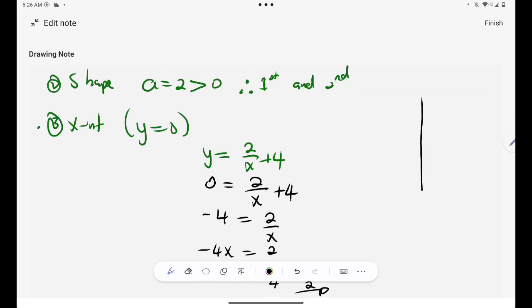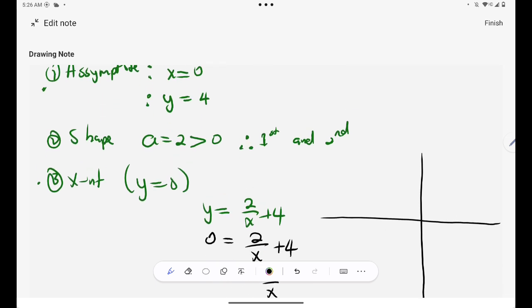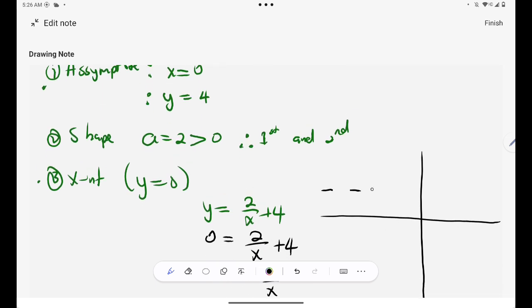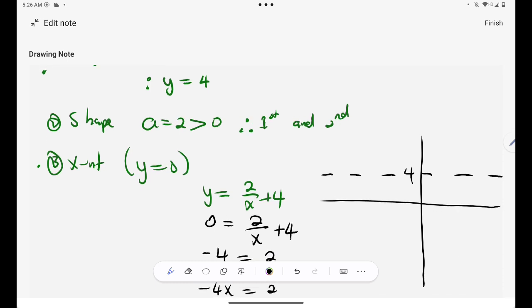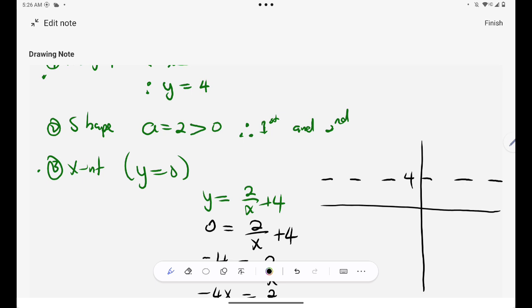So whenever I draw my graph, remember guys, I have my asymptote. Here it is, when y is equal to 4, and that's my only asymptote. And my graph is on the first and third quadrant. Excuse me, first and third quadrant, because this guy is positive.